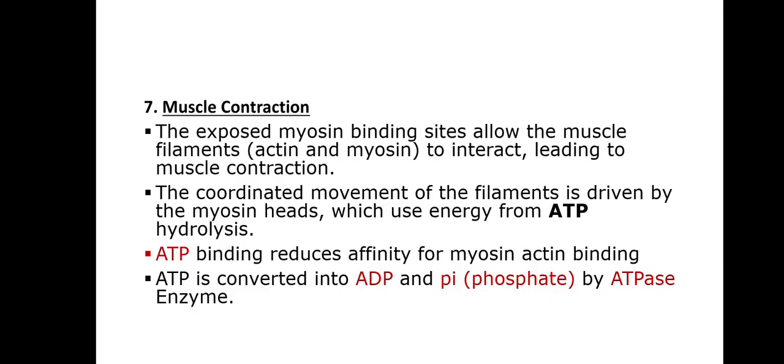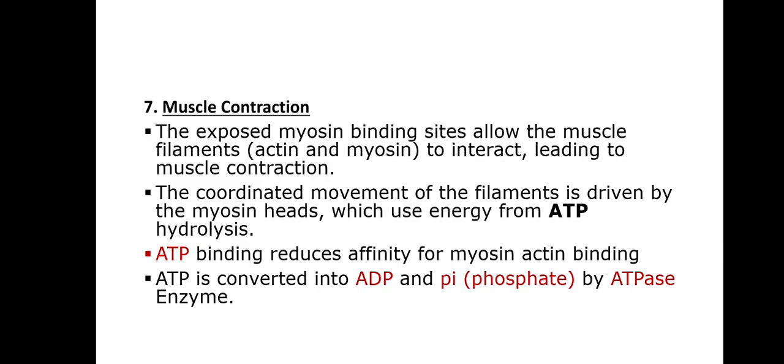So now let's read this. Muscle contraction: the exposed myosin binding site, which means the actin active site for myosin, has now been exposed due to calcium binding on troponin, and that conformational change has occurred.